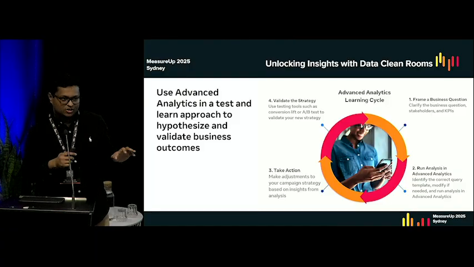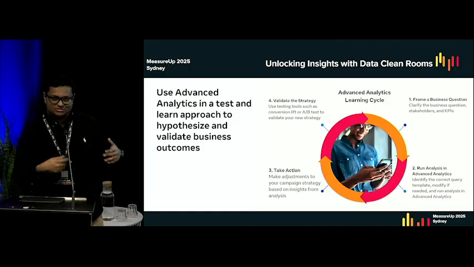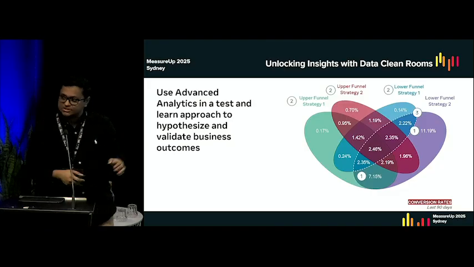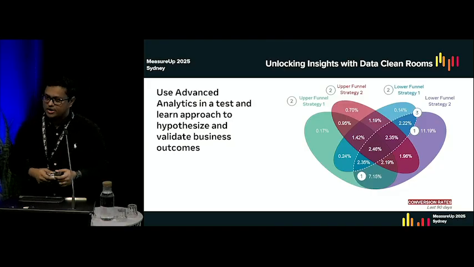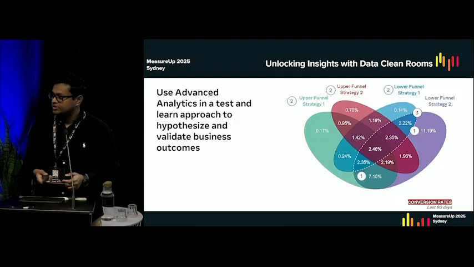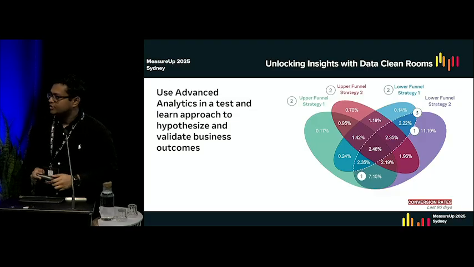Now, a lot of words. How does it actually look, right? What it looks like, maybe something like this. Let's say a scenario where, I'm guessing all of you have some sort of upper funnel campaign, some sort of mid funnel campaign, low funnel campaign, right? And one of the things that most other measurement approaches probably fail to do is campaign overlap analysis.